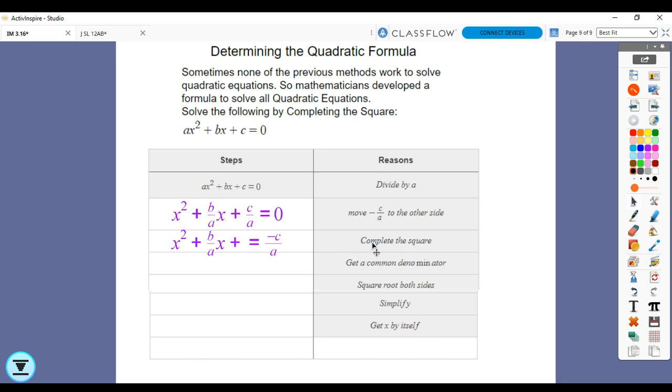Then we have to complete the square. How do I find half of a fraction? I'm always just dividing this number by 2, right? I'm going to turn this into a quantity squared, so I'm going to get rid of this square here.